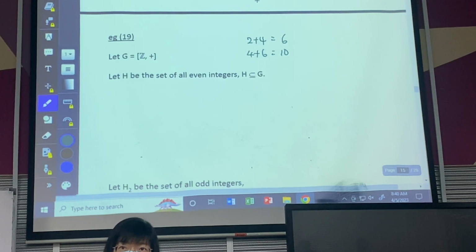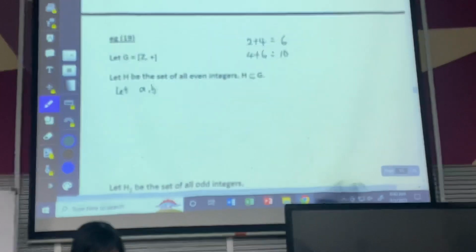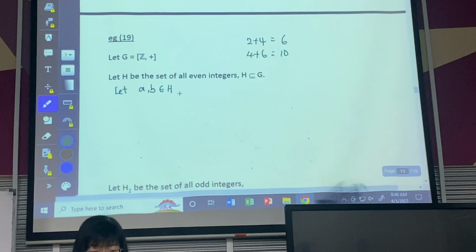Agree? Okay. So now, we let the two even integers, A and B, belong to the set H first. Set H is the even integer set. Let's say we have two even integers A and B. Then to write them in terms of even integers, A equals 2m and B equals 2n.